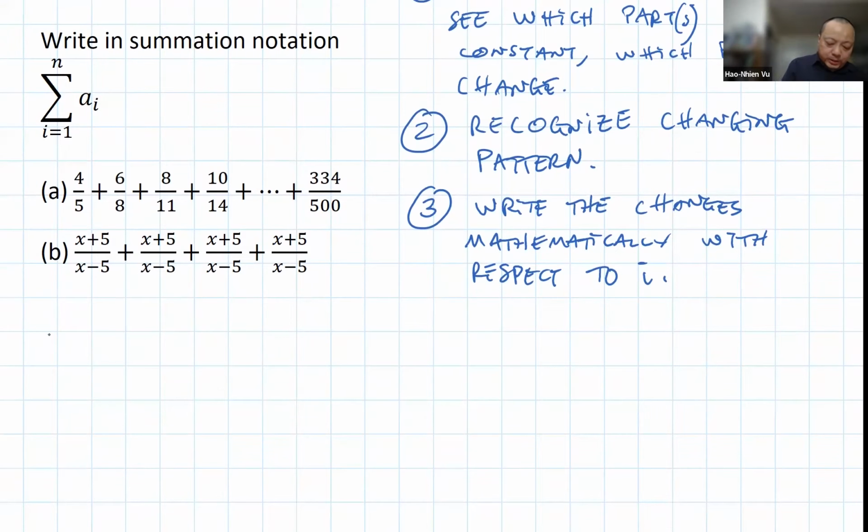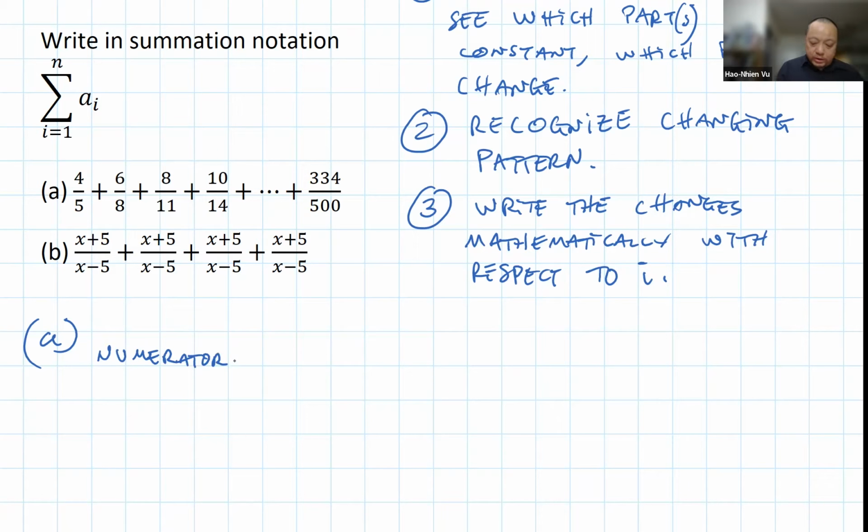All right, let's do part A. Part A, I have a bunch of fractions, and they all change. The whole fraction changes. So that means the numerator changes and the denominator changes. I'm going to work with one part at a time. Separate them out so I don't get confused.